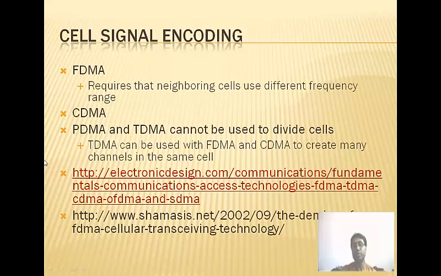Each of these channels is assigned to a mobile unit or handset, so that the signals from different handsets don't overlap or interfere. And okay, I think we will come to the details. In code division multiple access, the signals are encoded with some sort of code.